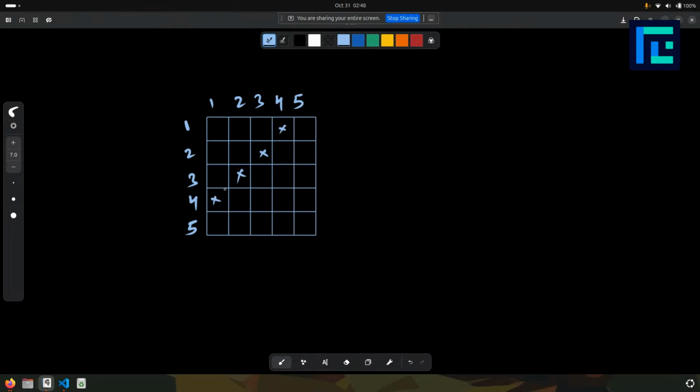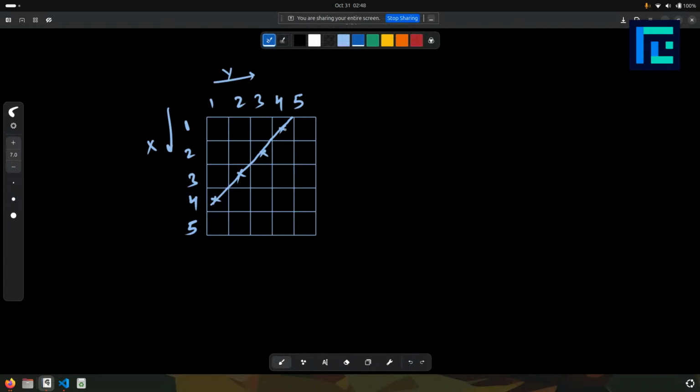Let's say this coordinate is y and this coordinate is x. So basically on this line, x minus y is equal to a constant. Basically 1 minus 4, 2 minus 3... just a second, sorry, we subtract 1 and we add 1, right?